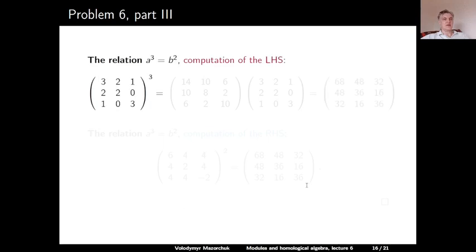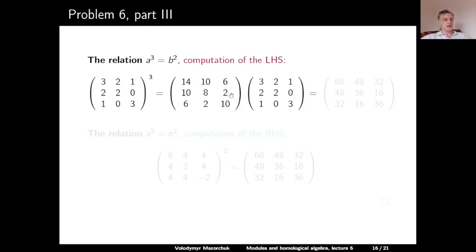Next, let us check the relation A cubed is equal to B squared. So we have to compute the cube of the first matrix. If we square this matrix, we get (14, 10, 6; 10, 8, 2; 6, 2, 10). So indeed, 3 times 3 plus 2 times 2 plus 1 times 1 is 14. 3 times 2 plus 2 times 2 plus 0, so it's 6 plus 4, 10, and so on.